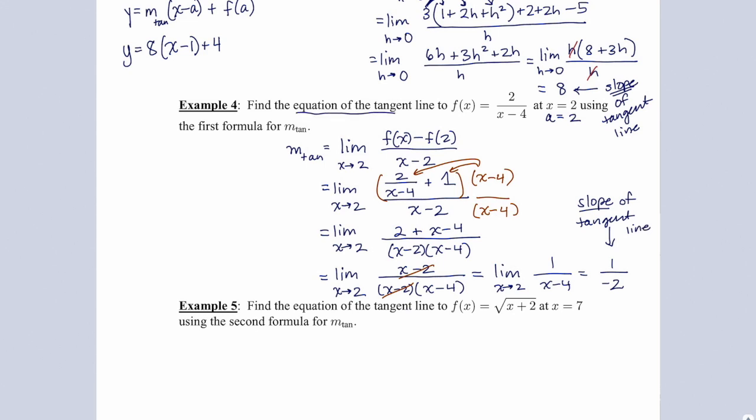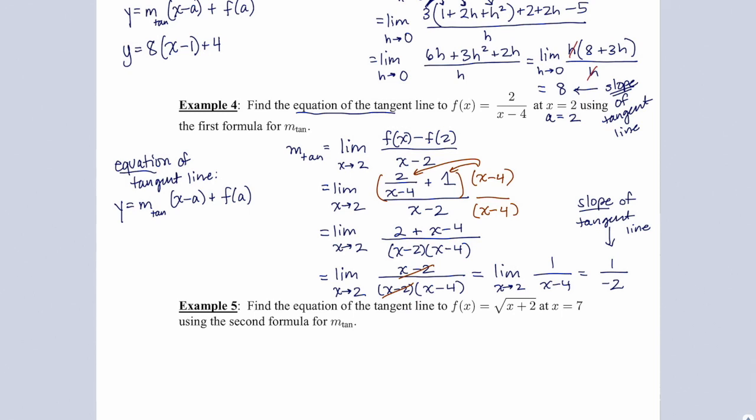So the hard work is finding the slope. For the equation of the tangent line, we go back to y equals the slope of the tangent line times x minus a plus f of a.